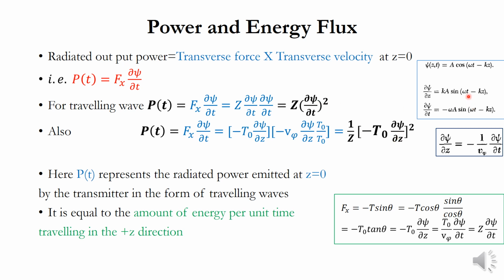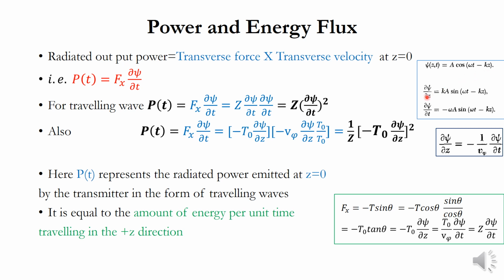Now we can see how these relations, how this Fx is obtained like Z dou psi by dou t and minus T0 dou psi by dou z. This is the wave function psi of z,t. We have already studied in the last class a cos omega t minus kz.